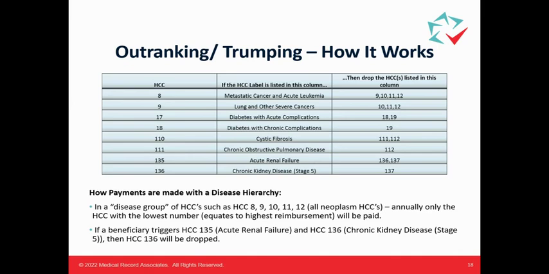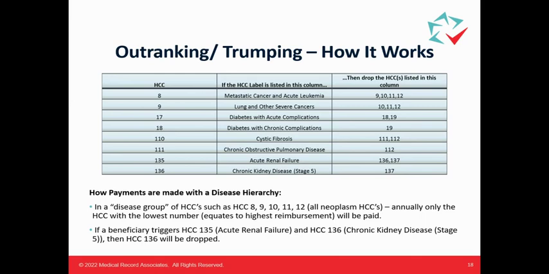So we have on the column on the left is the HCC, and the middle column is the category for this HCC, okay? And on the right column are the ones that you're going to want to drop or delete if you're trying to figure out your risk score.